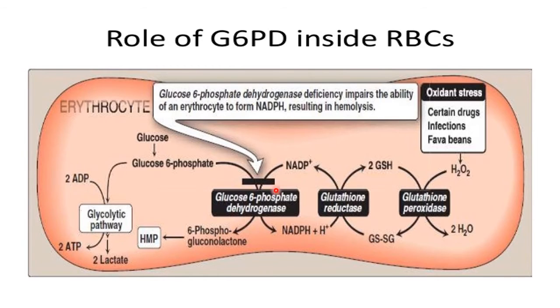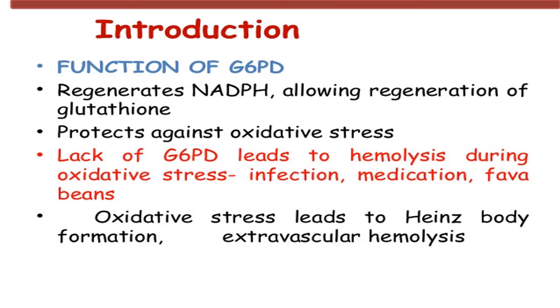When this enzyme is deficient, the oxidized hemoglobin is not reduced. Hemoglobin denatures and Heinz bodies are formed. What are Heinz bodies? We will see, which are rigid and lyse the red cell.